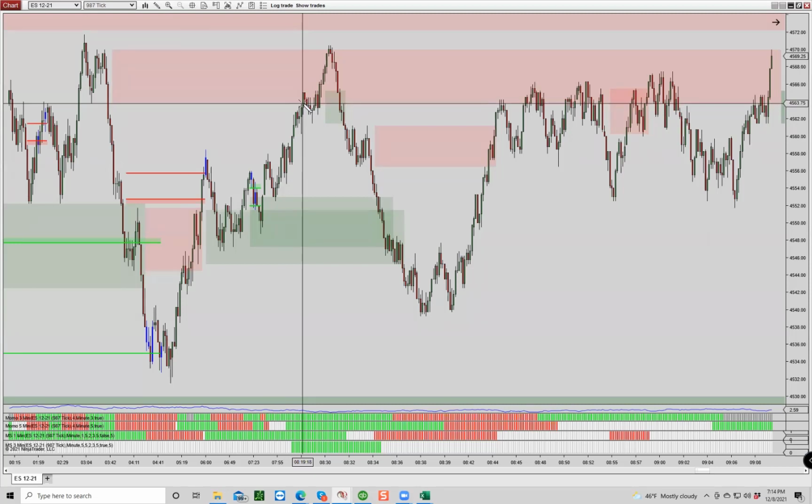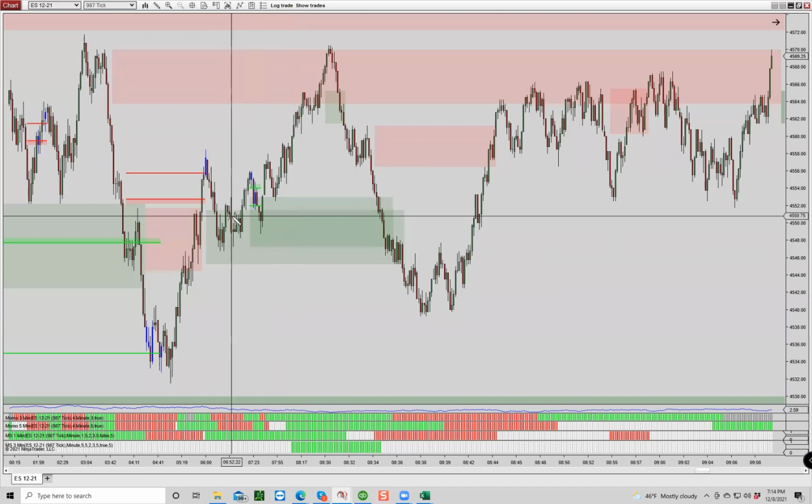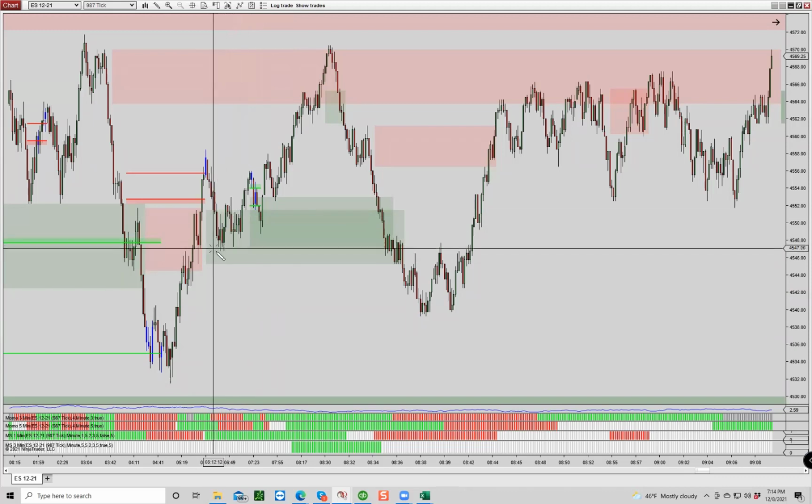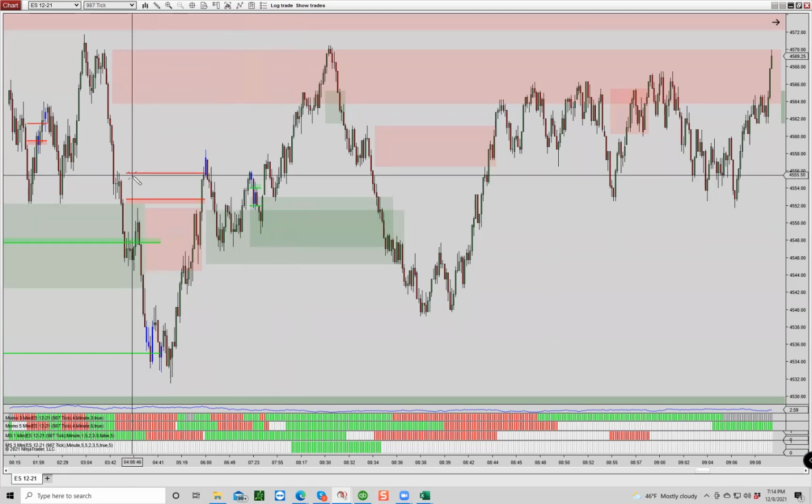So again, if you have a system that tells you to engage that you have comfort with, this may give you an added edge. See, the gentleman that I was talking to this morning, that's what he's doing. He's taking these auction zones and he's using it to look for confluence against what he's doing.